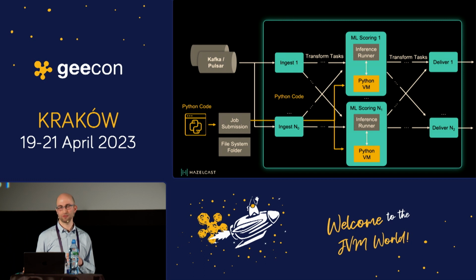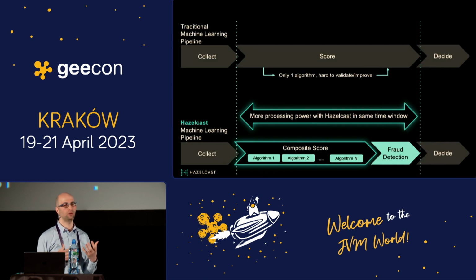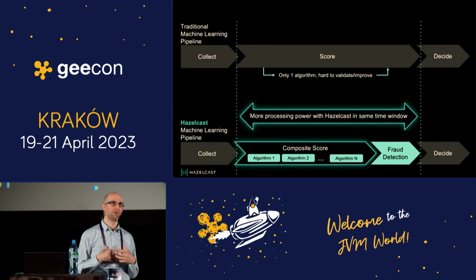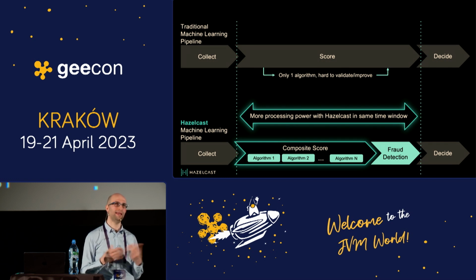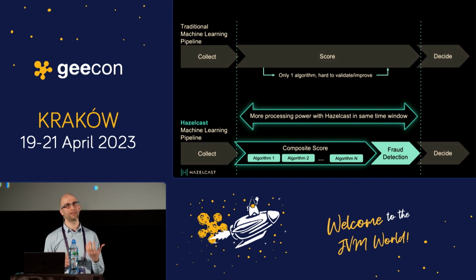So multiple outputs means you essentially want to move from one microservice, as you see on top of the screen, to N microservices or N algorithms, and you want to create the composite score.